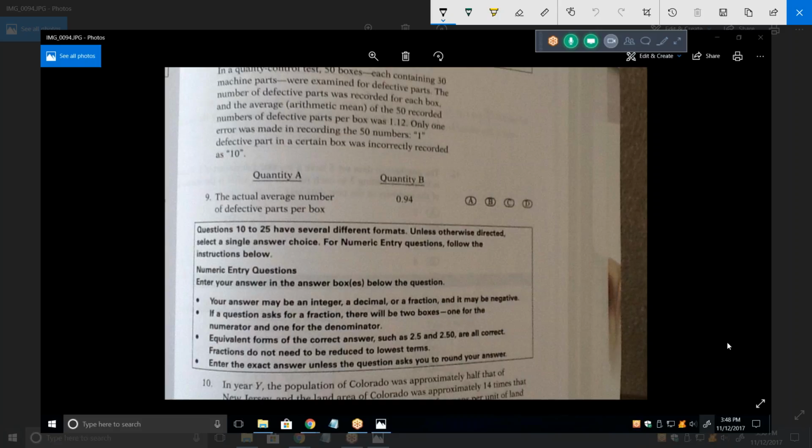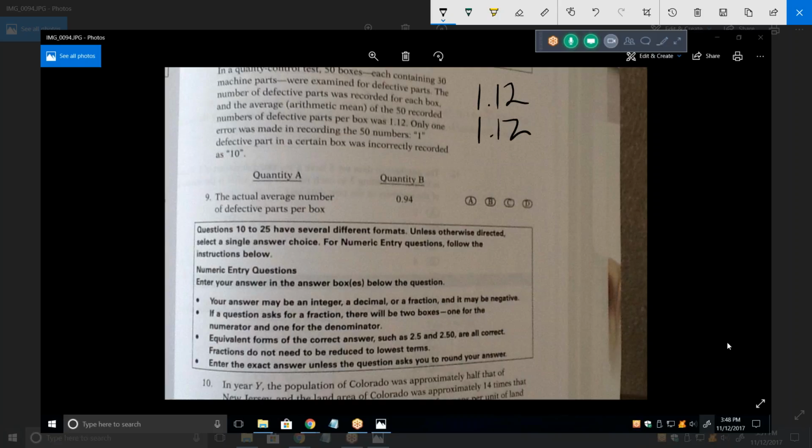So, if we look at that, we theoretically could have 1.12 in the first box, 1.12 in the second box. In other words, if all 50 boxes had 1.12 defective parts, you would have a mean of 1.12, right?